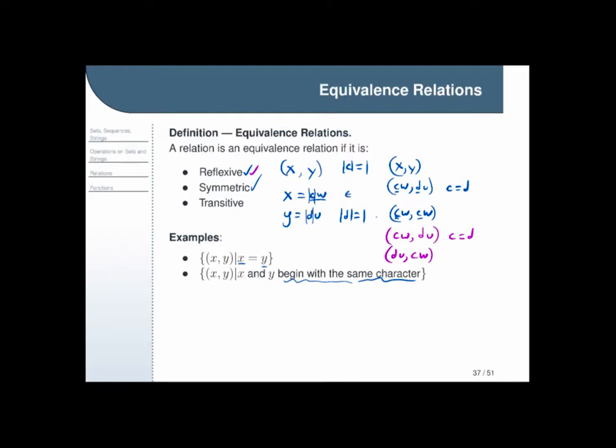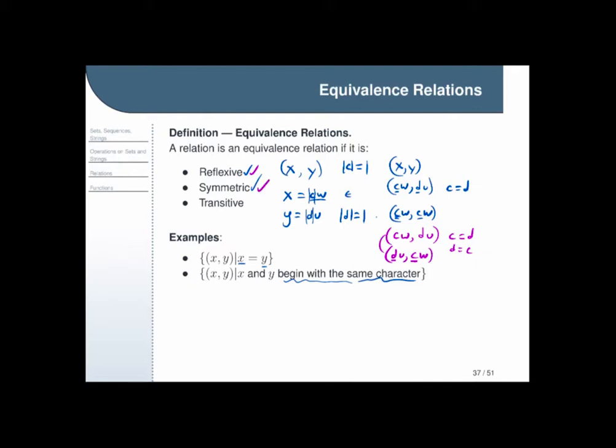This is asking the question of, is this symmetric in general? Yes, because if C is equal to D, then D is equal to C. And so this relation, both these strings also begin with the same character. So this is definitely symmetric in general. So we can check that off, right?